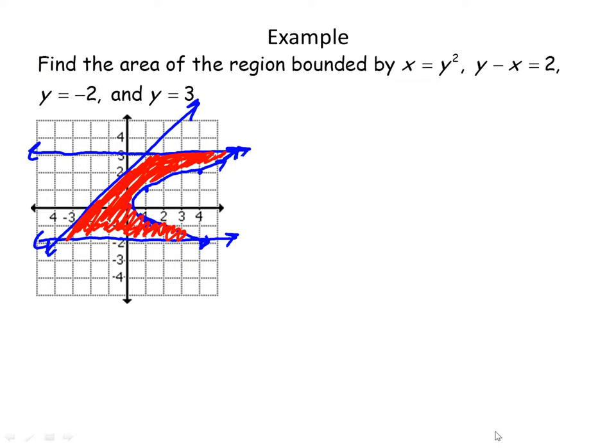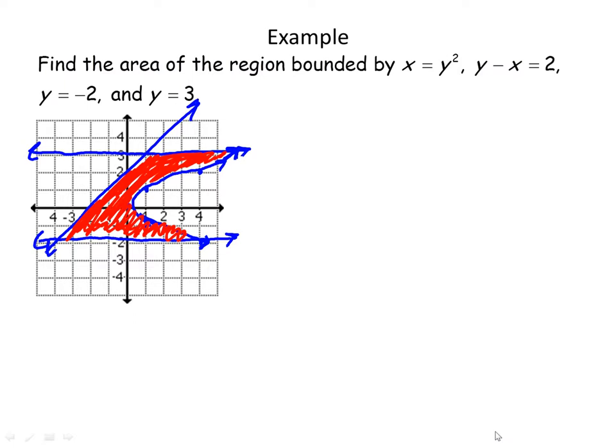But watch this. If we did an R sub y region, we would need y boundaries. Do you see 2 y boundaries? Yeah, here and there. They gave you 2 y boundaries in the problem. So it would be logical to use an R sub y region.